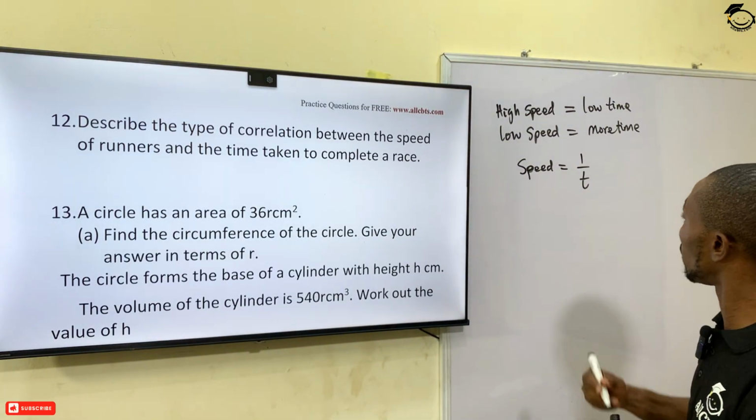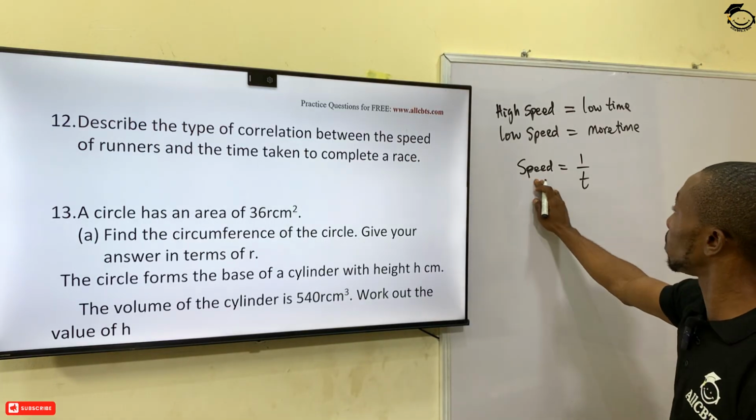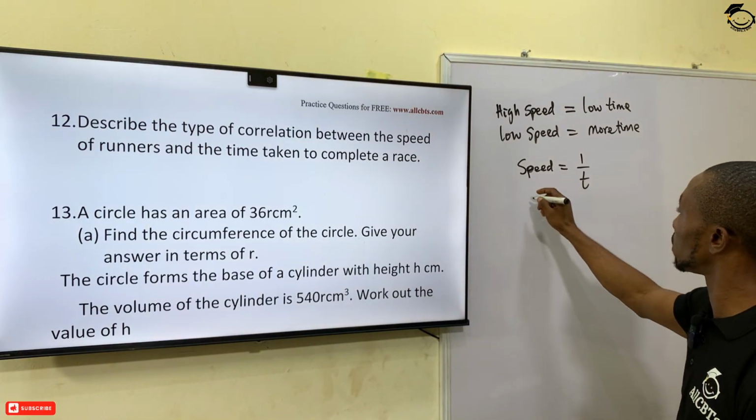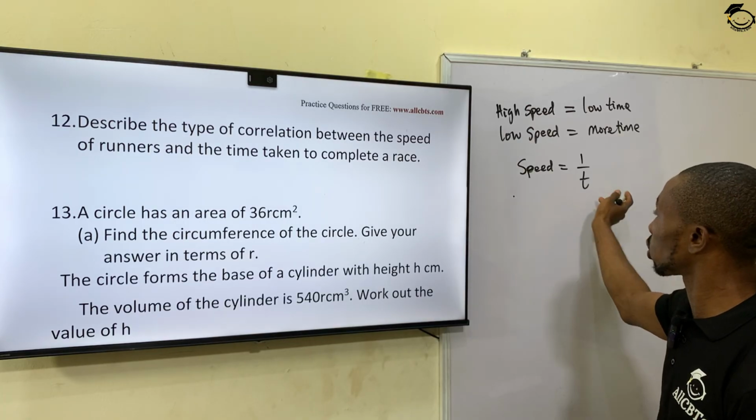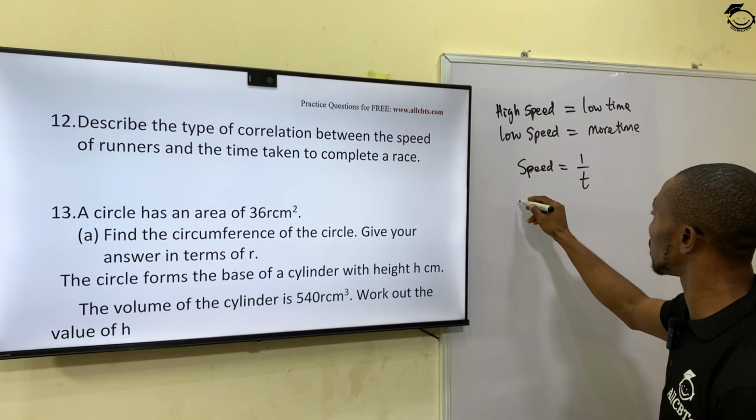So for the correlation, since the relationship between speed and time is inverse, that means the correlation will be negative.